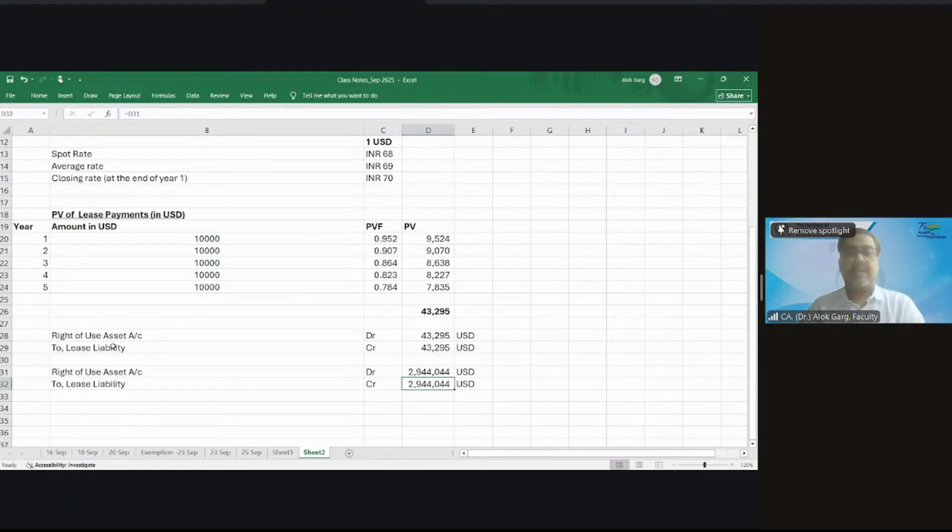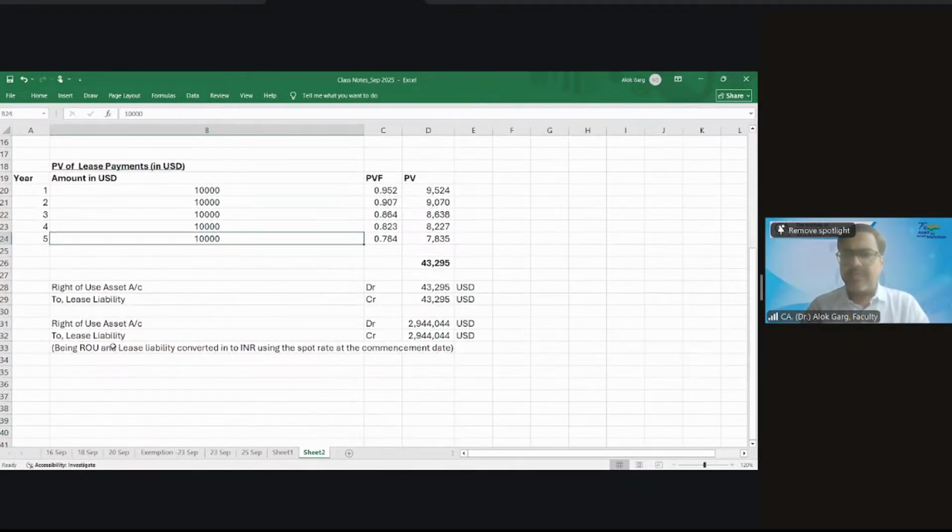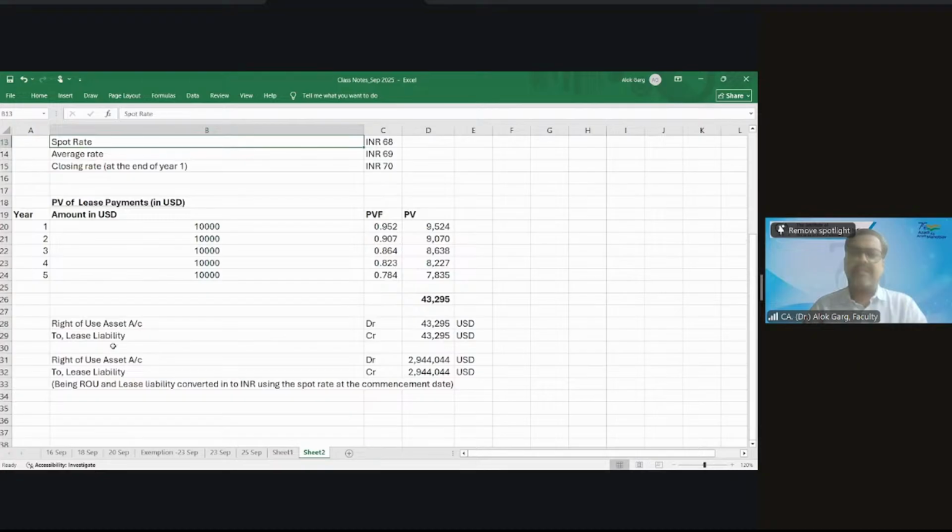Your lease liability and your right of use asset both need to be converted into INR using the spot rate at the commencement date. Any doubt, any challenge, any question up to this level?